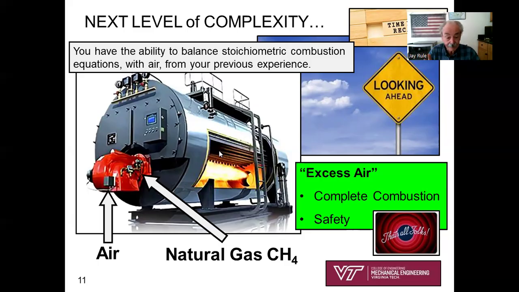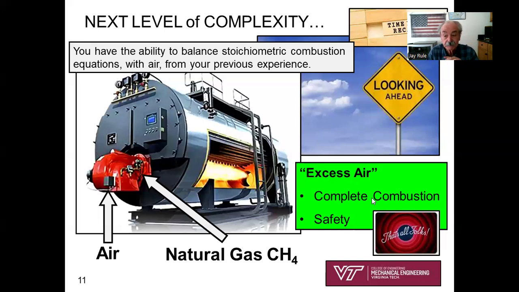This is a classic boiler. This is a steam boiler, a steam generator using natural gas, CH4 as the fuel, with air. And why in the real world do we use a little excess air? Two reasons. One is to complete the combustion process. We don't want to have any situations where we're just putting fuel up into the exhaust gas.